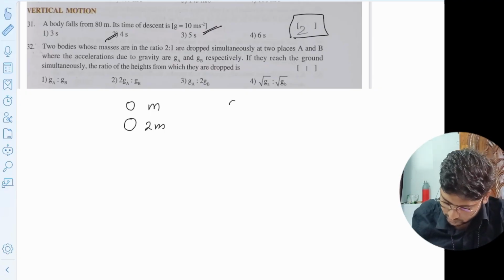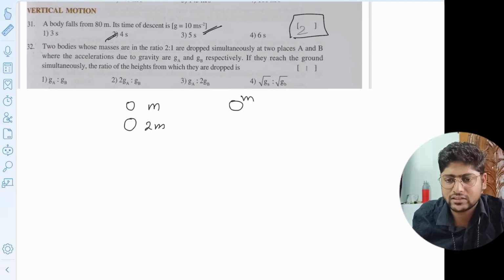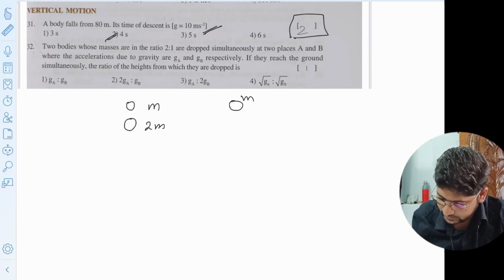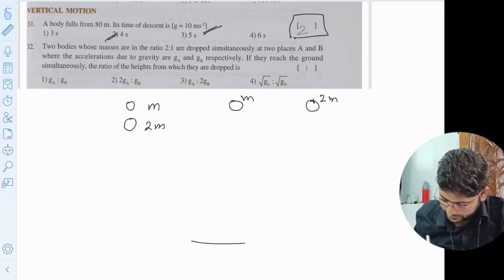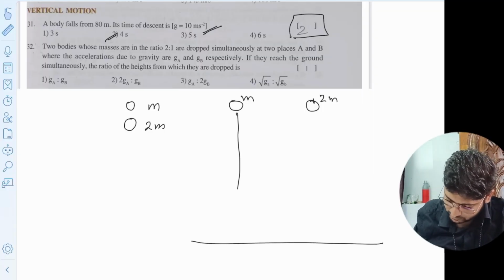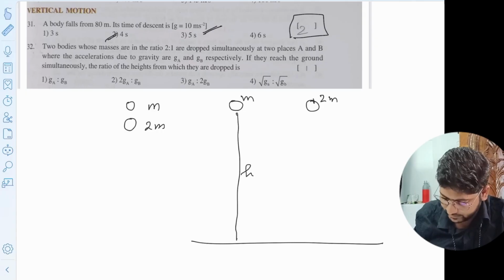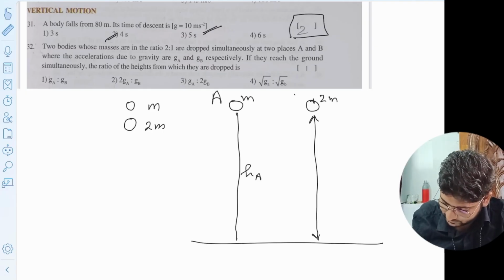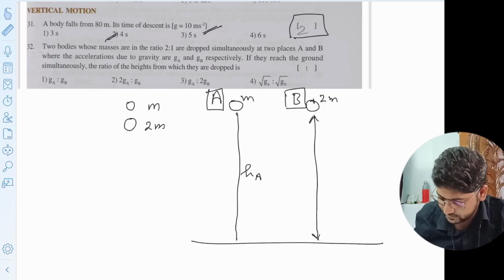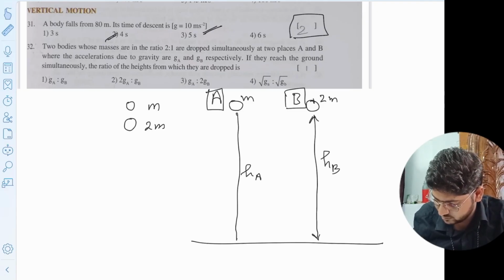So suppose here our mass is small m, and here our mass is 2m, okay. Here is our ground. Suppose this is height hA, and suppose this place is A and this place is B. From the two different places they are dropped, and this is hB.